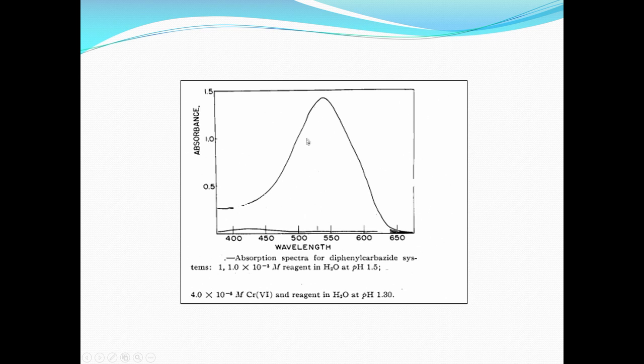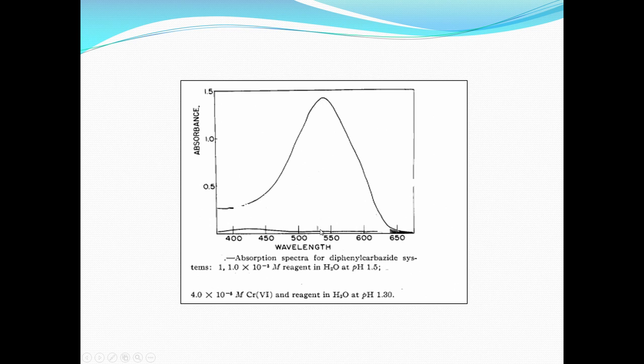Here I am showing you the lambda max of these two solutions. The bottom one is the reagent blank, and the top one is the absorption spectrum for the diphenyl carbazide chromium complex.